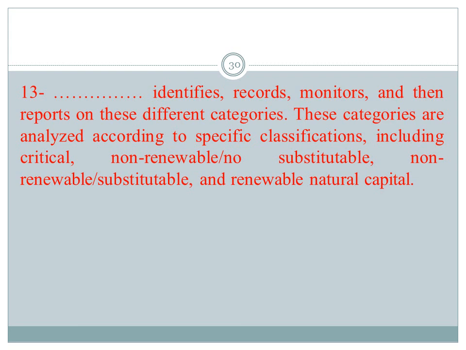This approach identifies, records, monitors, and then reports on these different categories. These categories are analyzed according to specific classifications, including critical, renewable, substitutable, non-renewable, non-substitutable, and renewable natural capital.